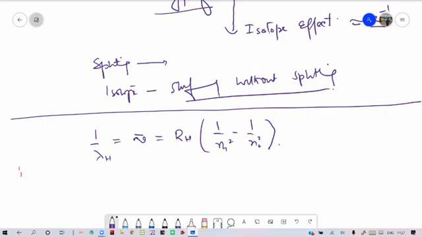So you all know this, we have already done. And in addition to this, if you remember RH, what is RH? Rydberg constant. So do you know the expression for it?